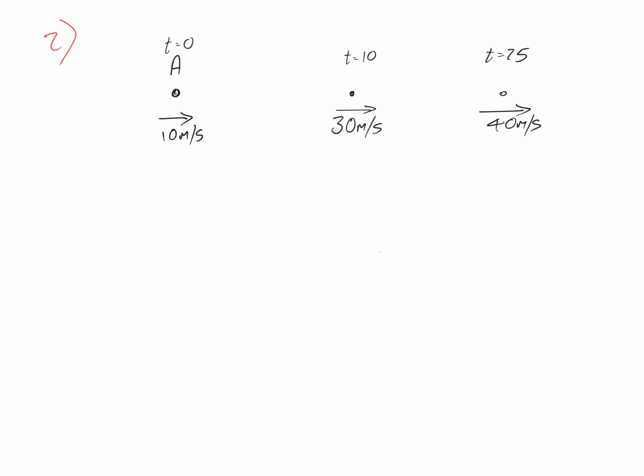Then it maintains the speed for a further 20 seconds, so then T equals 45, and it's still going at 40 meters per second. It just helps me picture what's going on. Sketch a speed time graph to represent this.